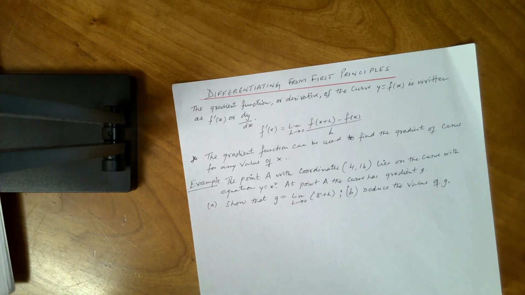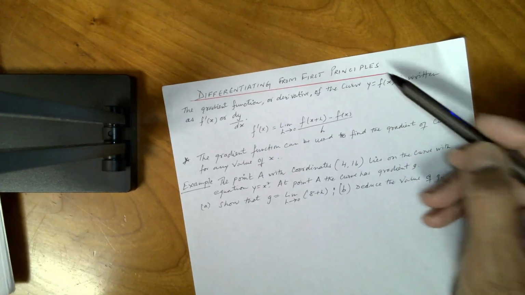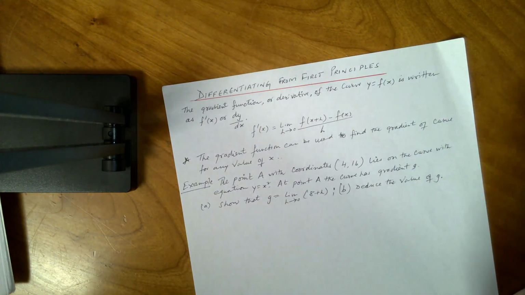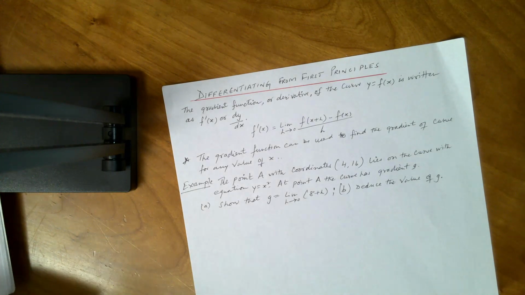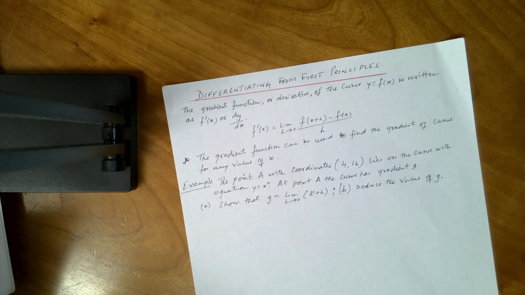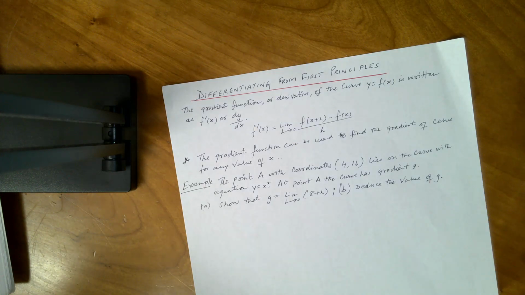In this video, I will explain differentiating from the first principles. Now, I have explained this in my last video, and if you haven't watched, I would highly recommend you do, because I have extensively talked about this formula and everything.